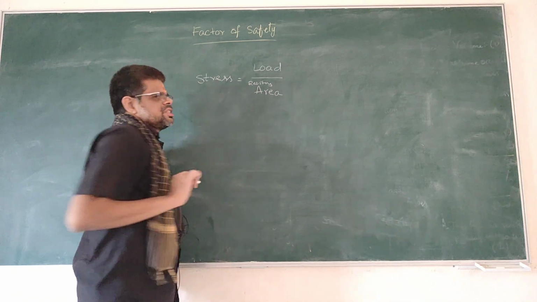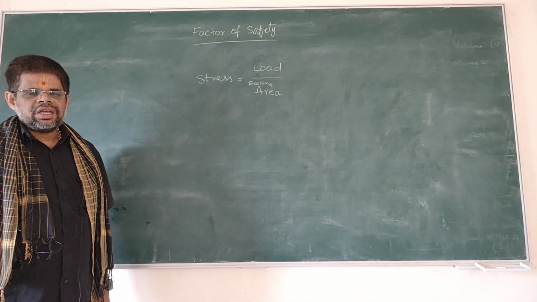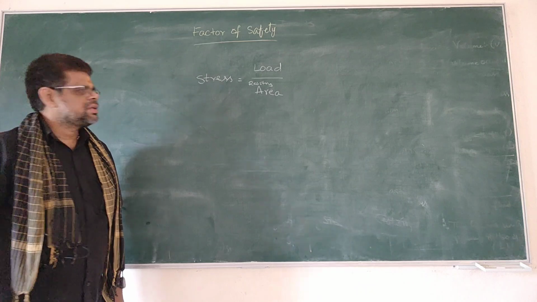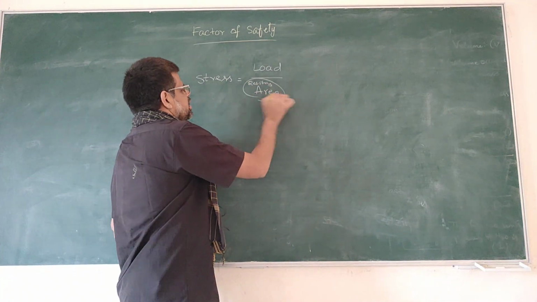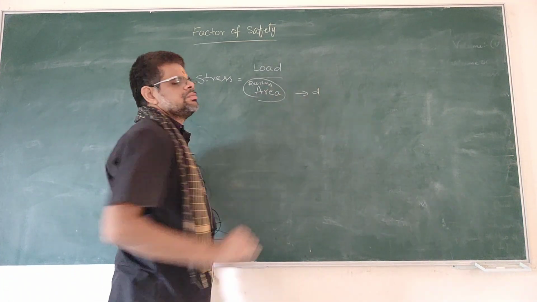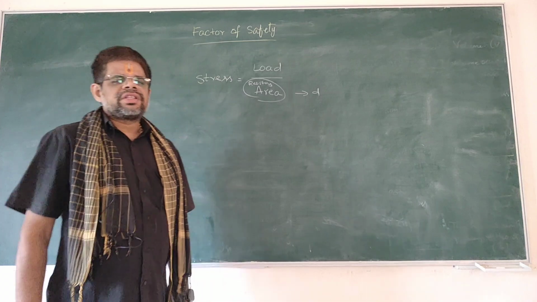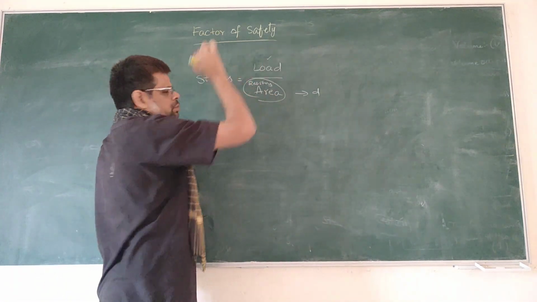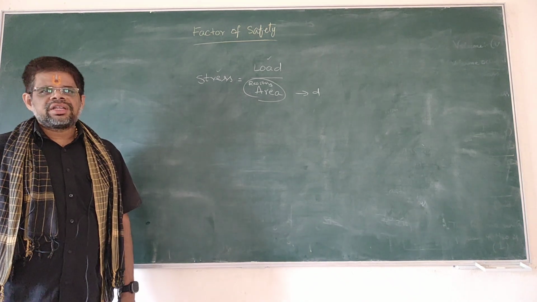will give us stress. In design, you are going to determine the resisting area, thereby the dimensions. For that purpose, you should have the value of stress and load. So how do you get the value of stress?